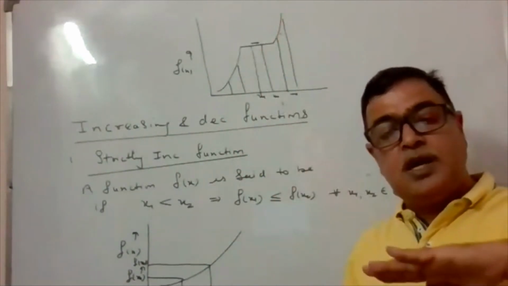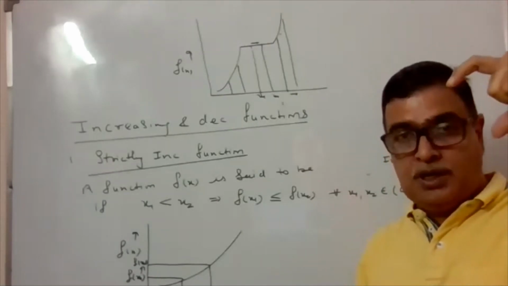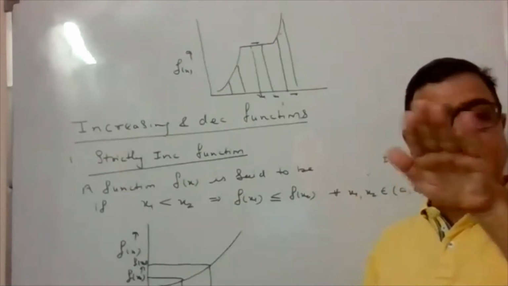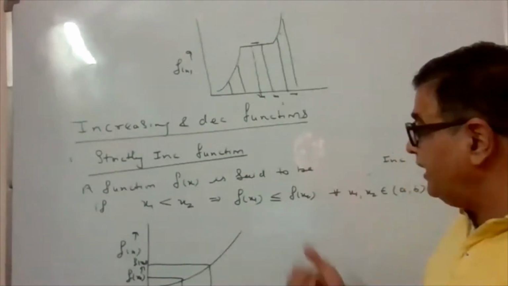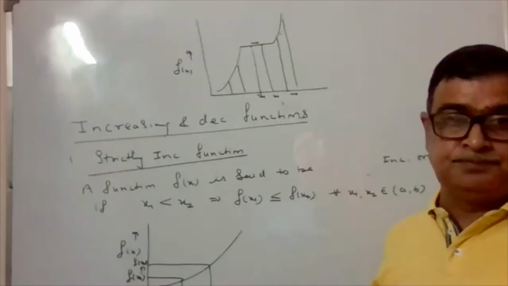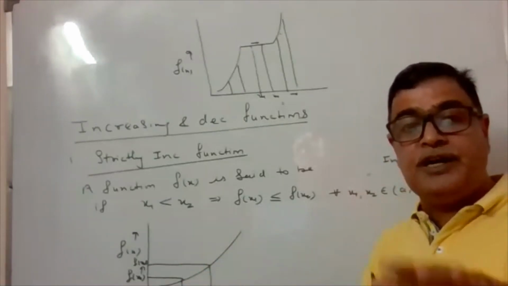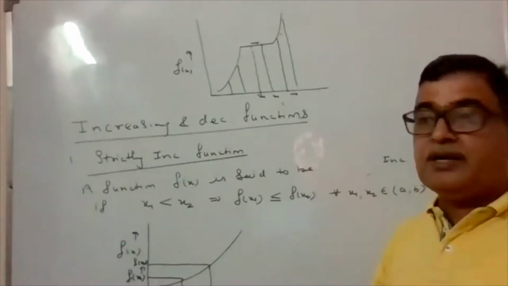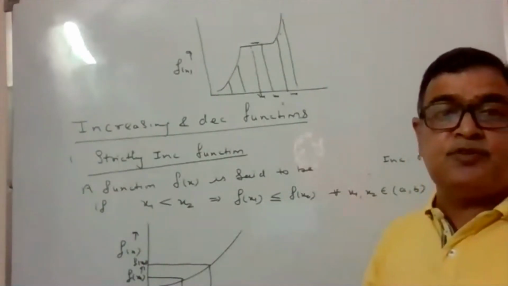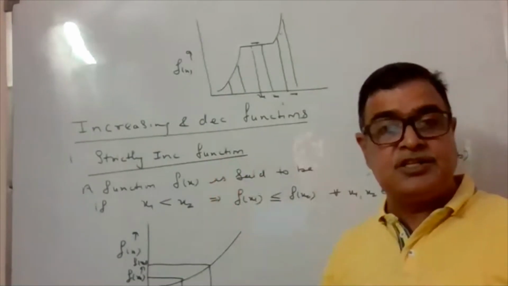Increasing function means most of the time it increases, but for some small interval it can be constant. Then we will say it is an increasing function. At certain stages f(x2) is greater than f(x1), but at some places f(x2) and f(x1) will become equal.